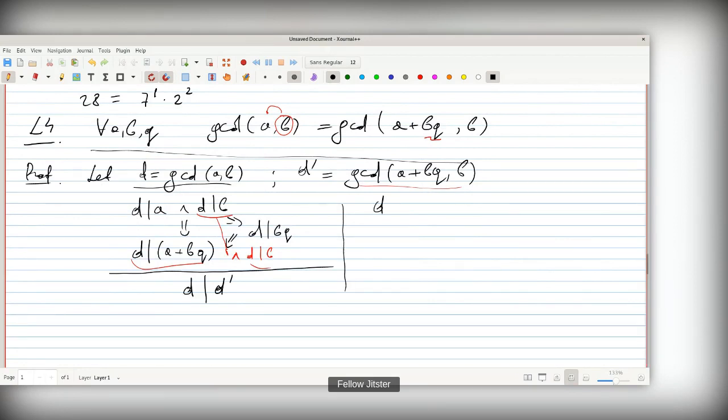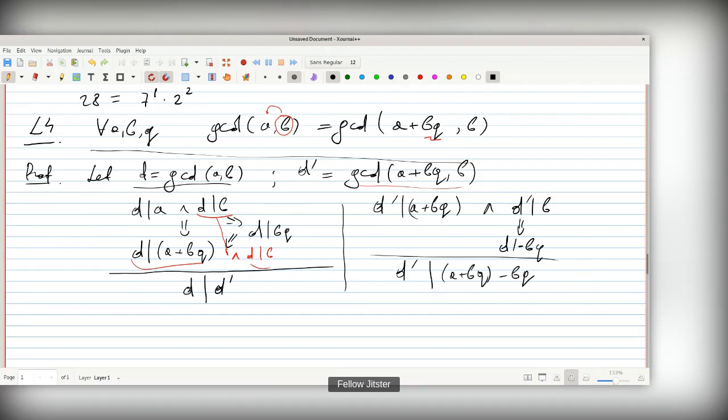And likewise here, D prime by definition divides this sum, and it divides B. So D prime divides BQ, and also minus BQ, of course. Then D prime divides A plus BQ minus BQ.